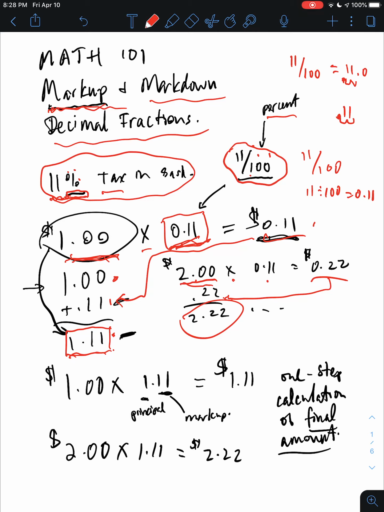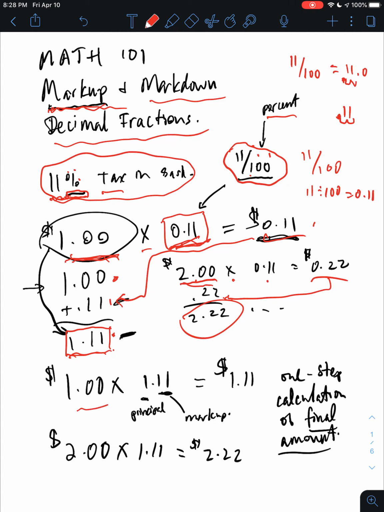All right, so that is the standard two-step method for calculating a final price given a markup, like a tax. There is, though, a one-step operation, which we'll find is quite useful. And so that one-step operation goes like this.